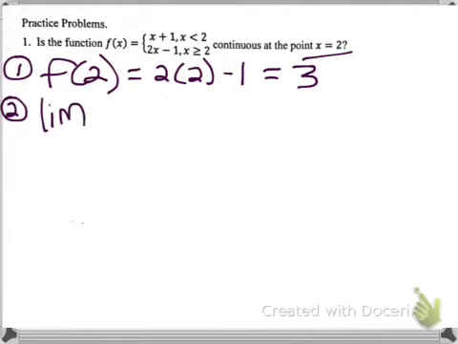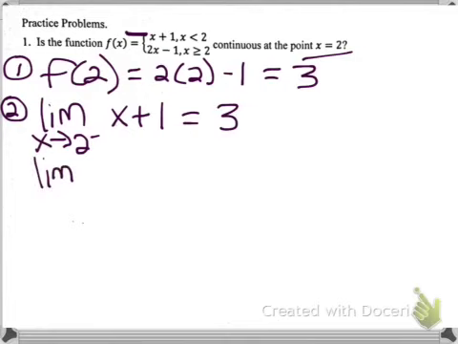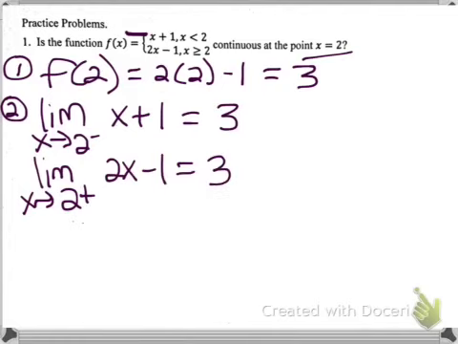In order to find the limit, I'd find the limit from the left and from the right. From the left, I'd be using the top part of the piecewise function. Plug 2 in, I get 3. From the right, I'd be using the bottom part, and I have 4 minus 1, which is 3.